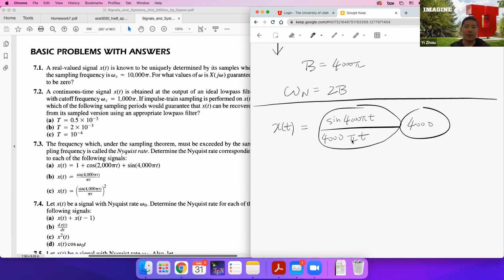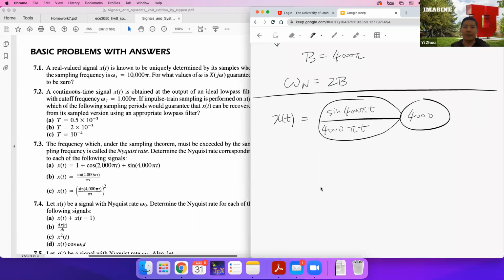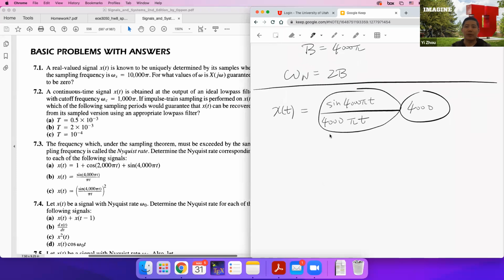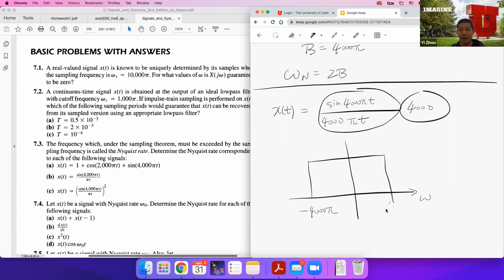If you plot the spectrum by the Fourier transform of this sinc function, the spectrum is a rectangle, spanning from negative 4000 pi to 4000 pi.